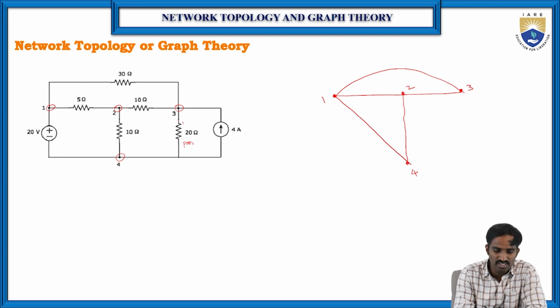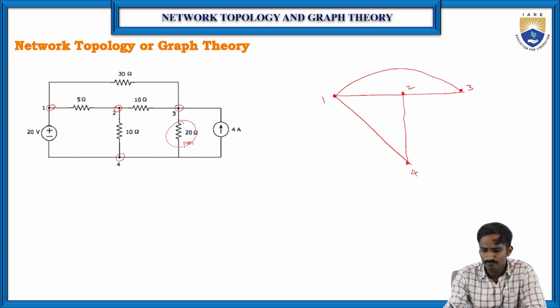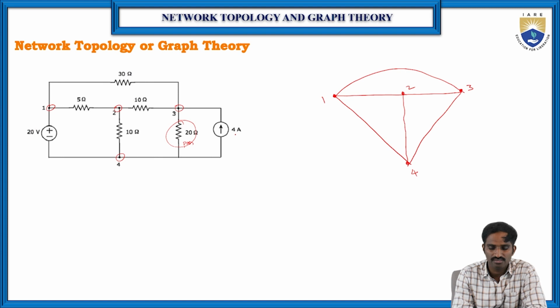So let us replace the 20 ohm resistor with a short circuit between 3 and 4. Here there is a 4 ampere source, so we replace it with an open circuit, and that's why we are not drawing any other branch.